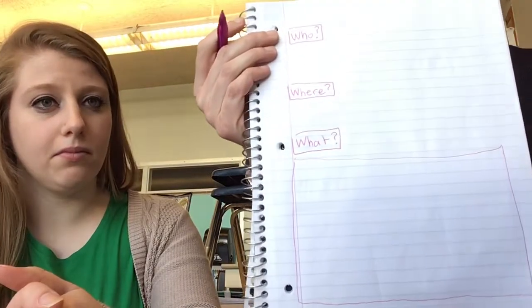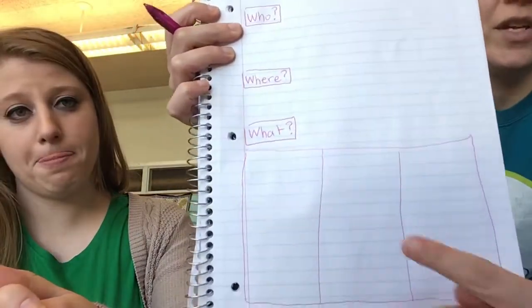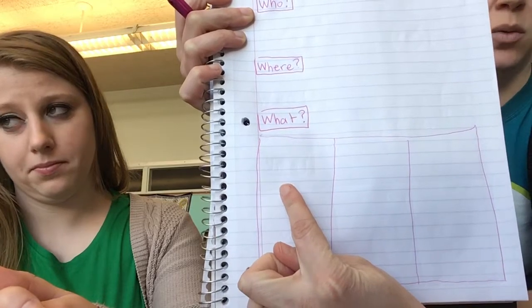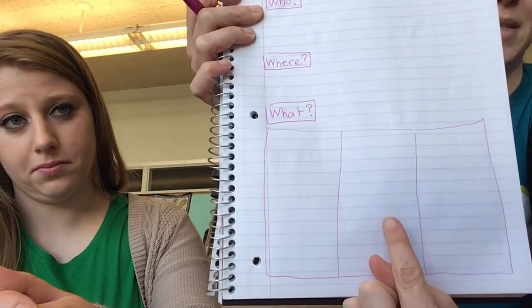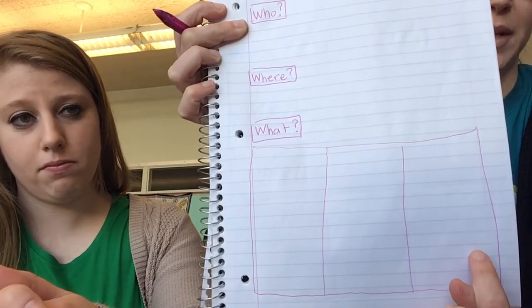And then I am actually going to set up my notebook so that I can draw what happens in the story. Okay, so I'm drawing a big rectangle. Can you see? And then I'm going to split it up into 3 boxes like this so that I can tell what happens first when the trouble gets started, what happens next when the trouble gets worse, and what happens at the end when the trouble gets solved.